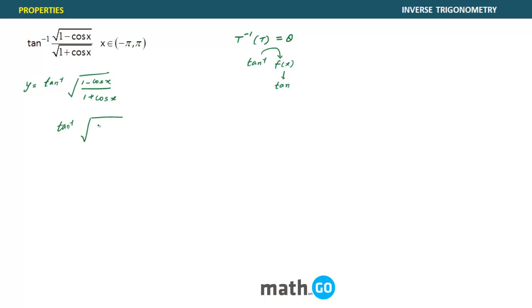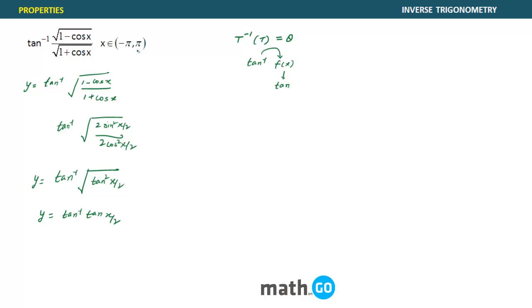Yes, it is nothing but 2 sine square x by 2, and this is 2 cos square x by 2. If you solve this, it is tan inverse, and the 2 and 2 cancel out, becoming tan square x by 2. This comes out very easily as tan inverse tan of x by 2.